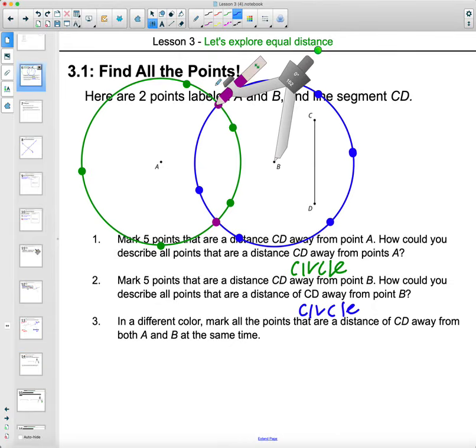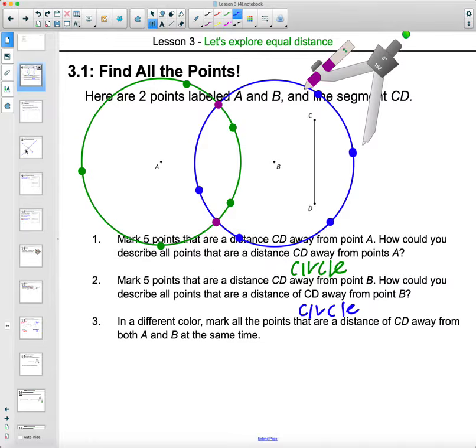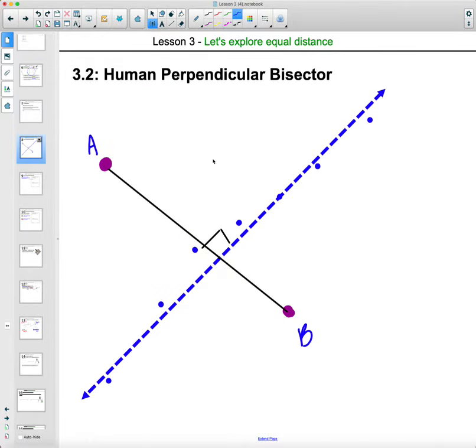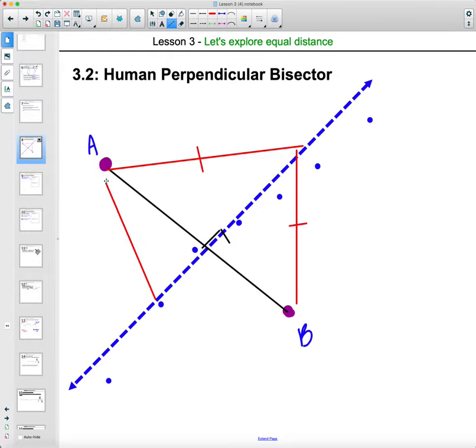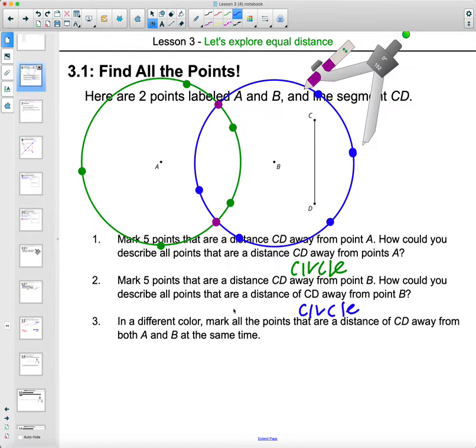Looking here, if I know that anywhere on this line is going to be the same distance to A and B, or that's what we hypothesize, and obviously my drawing isn't great, but if we hypothesize that any point here is going to be equidistant from A to B, that these are going to be equal distances, if we could find this point and this point and connect them, we could get that perpendicular bisector.